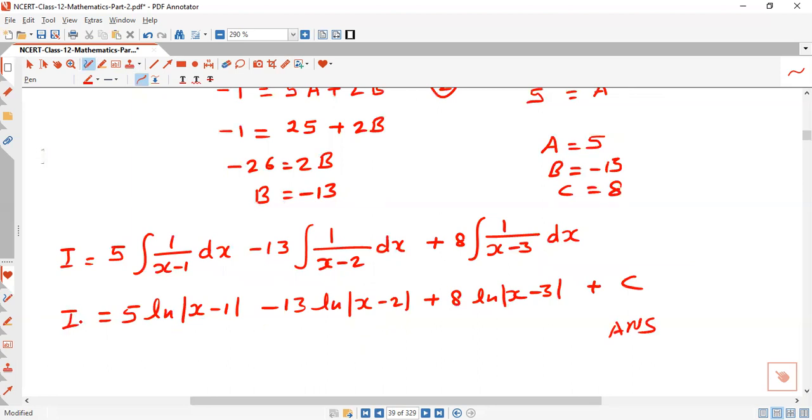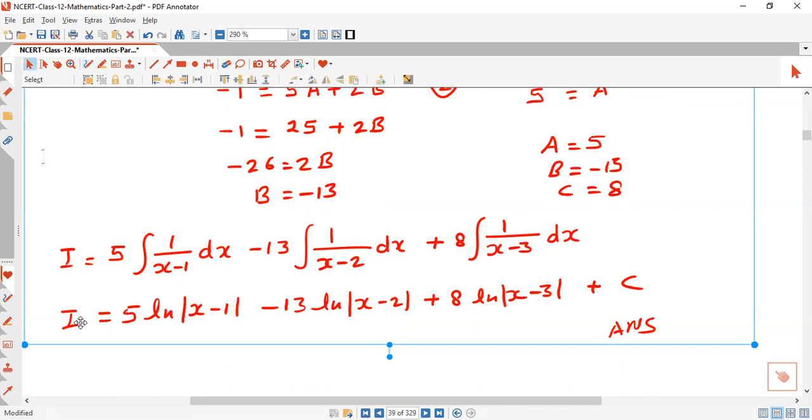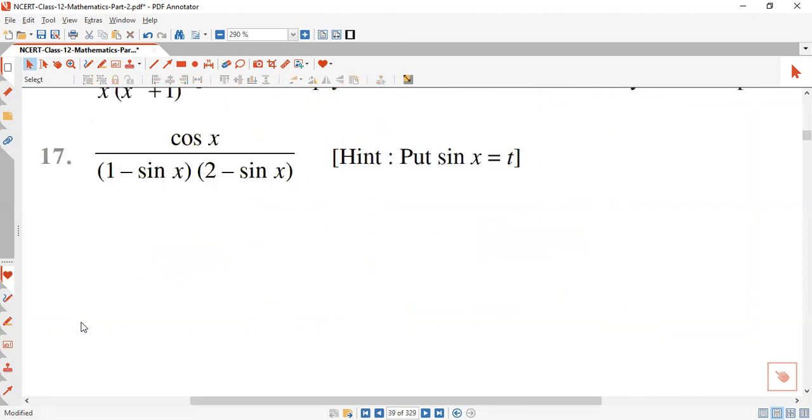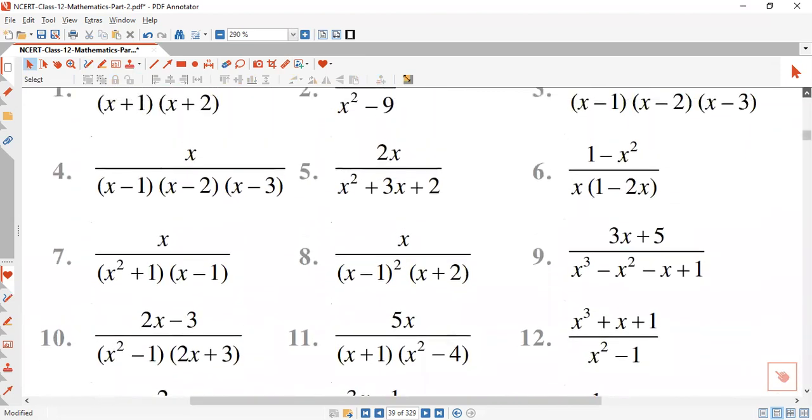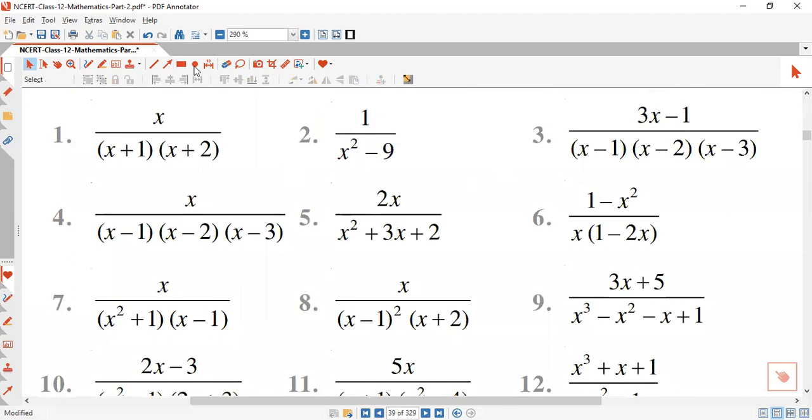Now we will solve the next question, that is question number 4. We are just finding the partial fraction of the integrand, and then the integration becomes much simpler, broken into smaller parts. This question number 3 is almost on a similar line. So we will not do question number 4.